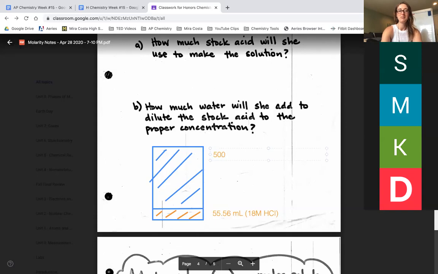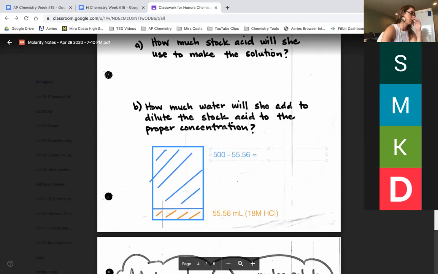So if I have 500 mils of solution in all, and 55.56 of it is stock solution, right?